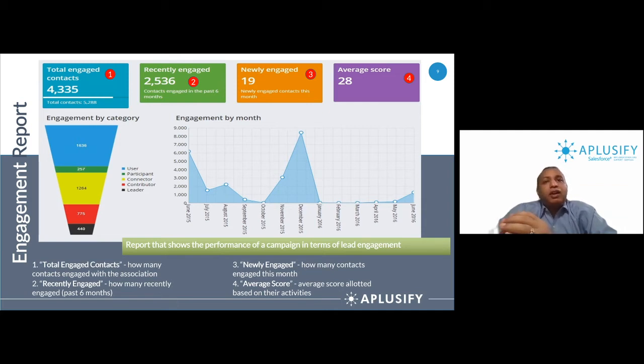Were there not enough member engagement activities happening? Were there no events happening? Were the members not sharing any posts? So all these engagement indicators will let you know what type of engagement your members have with your association.